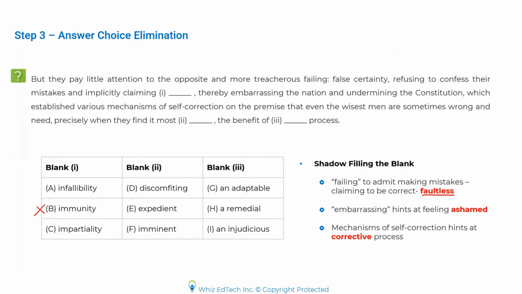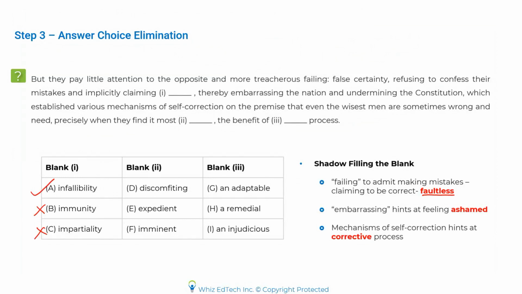Immunity is definitely nowhere close to faultless. Immunity means getting protection from something. This is definitely not a failing. Impartiality is a positive word, it's not a failing. Impartial means unbiased, being fair and just. So infallibility is the correct answer for my first blank, even if I don't know the meaning of infallibility.